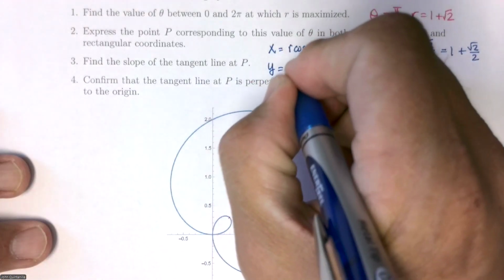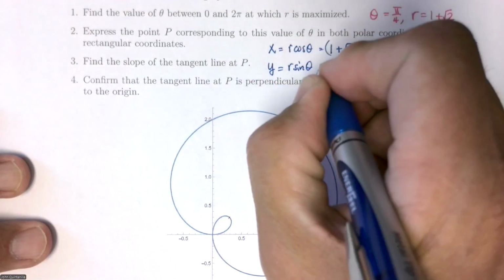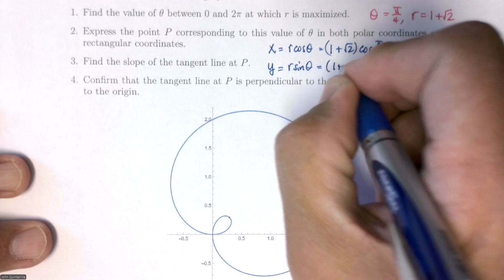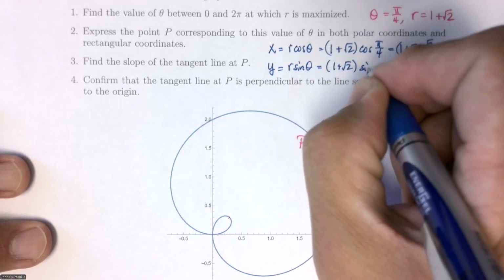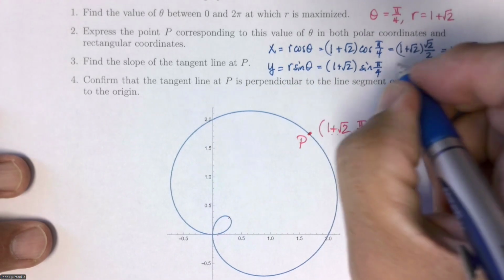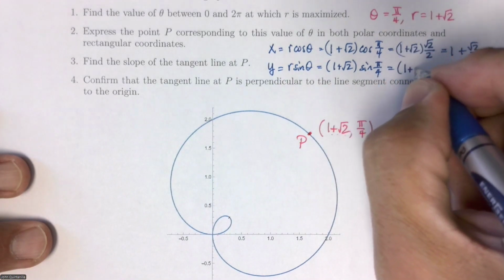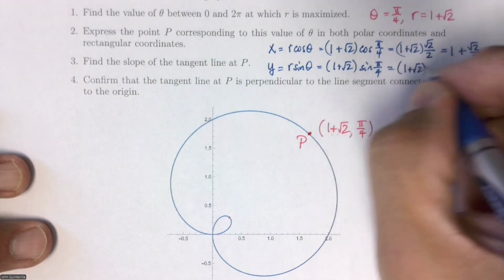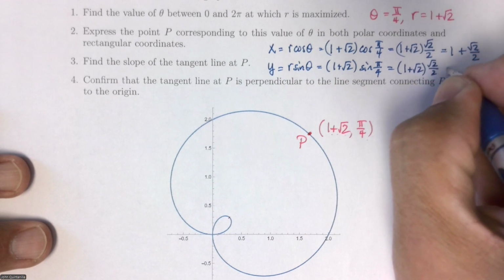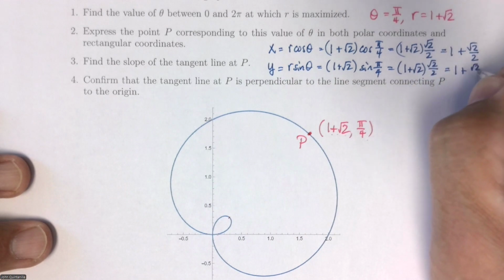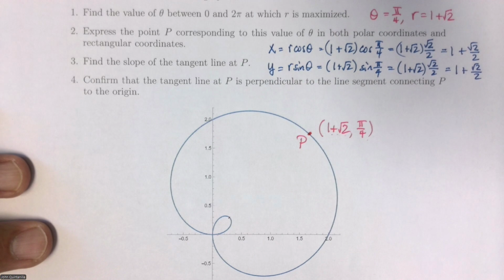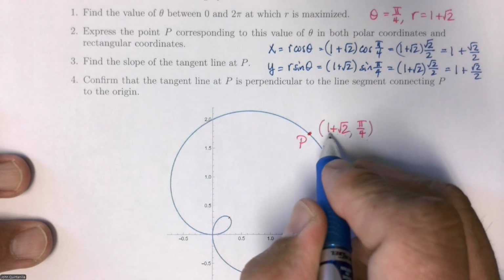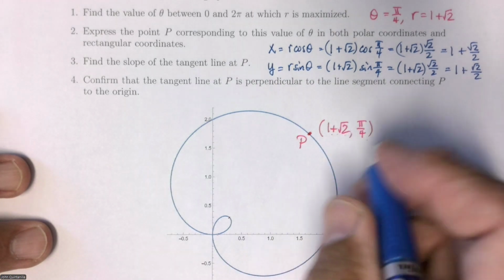The y-coordinate would be r times sine of theta. So 1 plus the square root of 2 times the sine of pi over 4. And that is the exact same thing because the sine of pi over 4 is also square root of 2 over 2. So that also works out to be 1 plus square root of 2 over 2. So in polar coordinates, the point is 1 plus square root of 2, pi over 4.